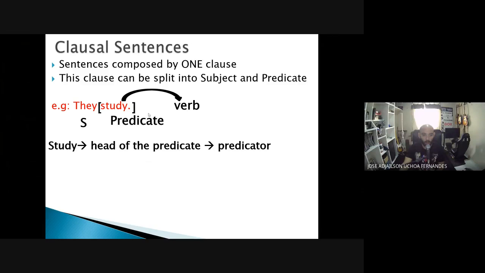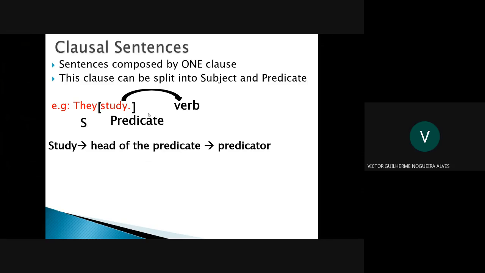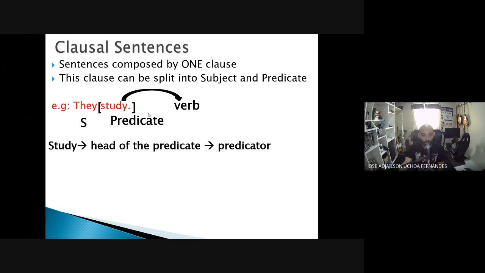Any question about this? Let's take another clause. "Victor drives." Where is the predicate? "Drives." Where is the predicator? It's the same. Now, "Victor drove his car." Then we have a more complicated sentence, okay?